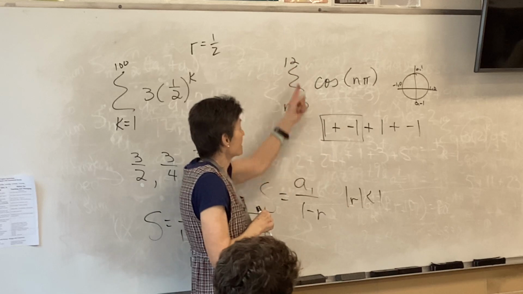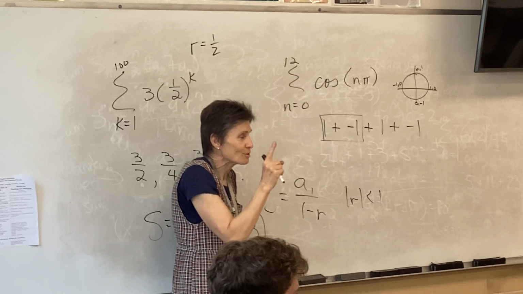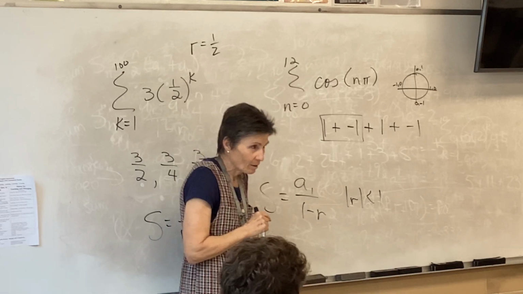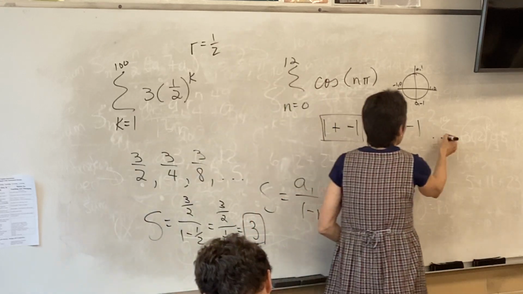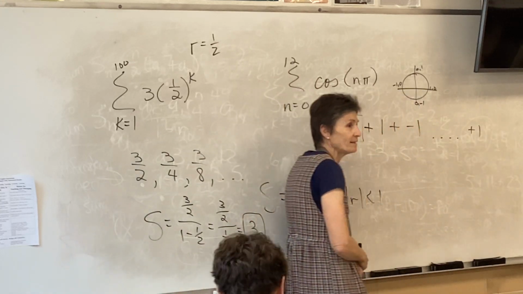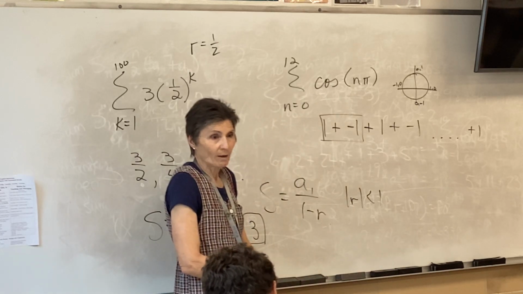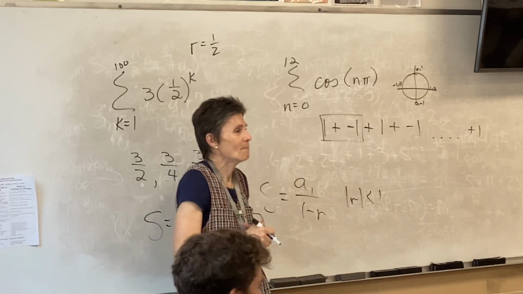How many terms is that? 13. Now it's 13, because we started with 0, right? So if there's 13, aren't I gonna have an extra plus 1 on the end? So the sum of this is 12, or 1, not 12. Oh, now I'm doing it. No, the sum is 1.